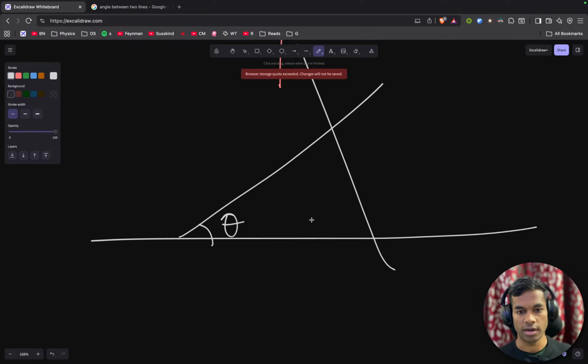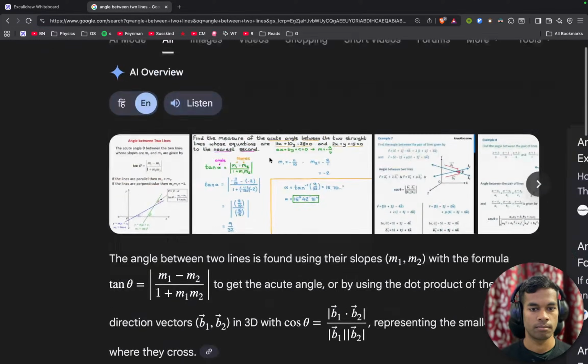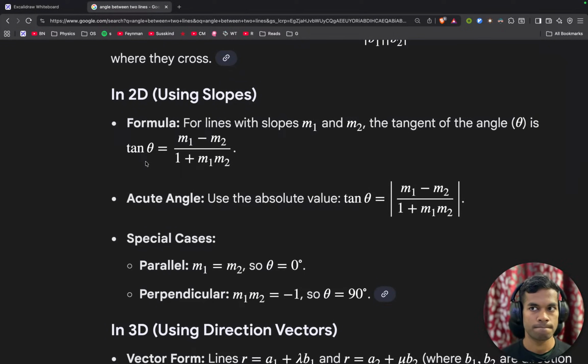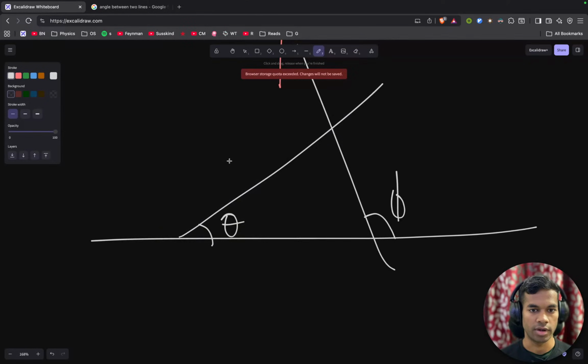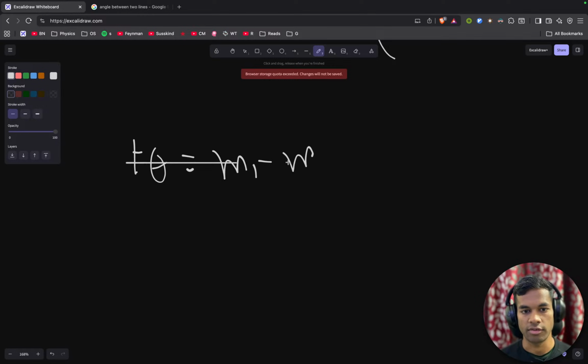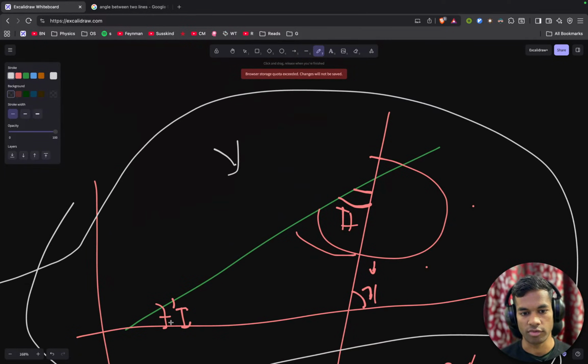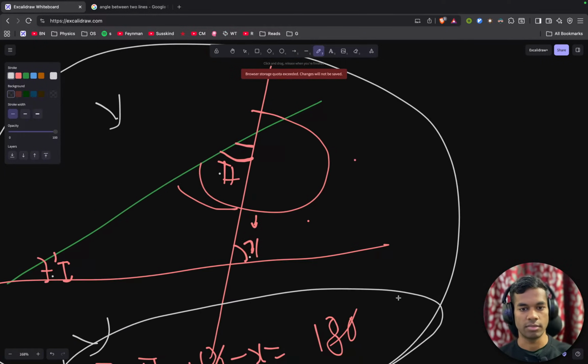We have the angle of one line, we don't have the angle of another line, but we do have the angle between these two lines. Okay, angle between two lines: tan theta equals (m1 minus m2) over (1 plus m1 m2). Let's use this terminology: first, second, and x.